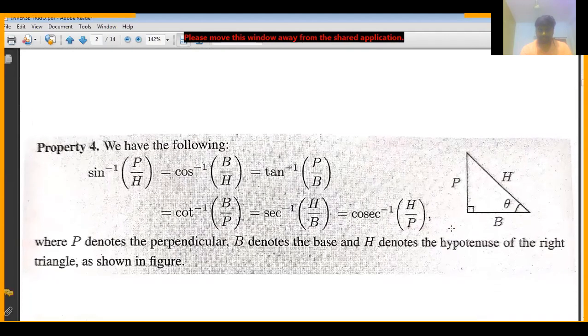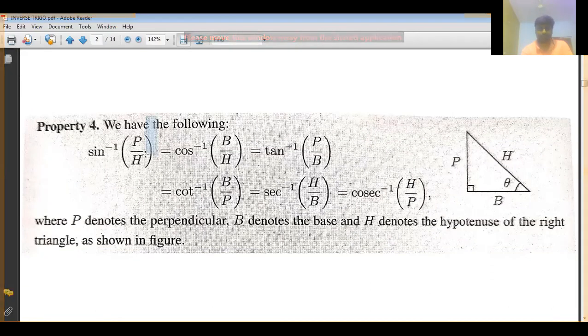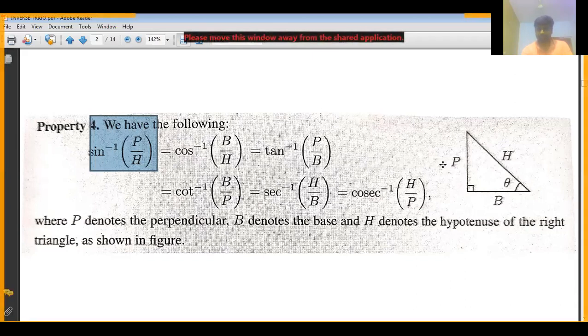Just see here. Whenever we have one triangle, we can go for writing all inverse trigonometric functions. See here, sine inverse of perpendicular by hypotenuse, because sine means perpendicular or opposite by hypotenuse. Now tell me, what about cos inverse?